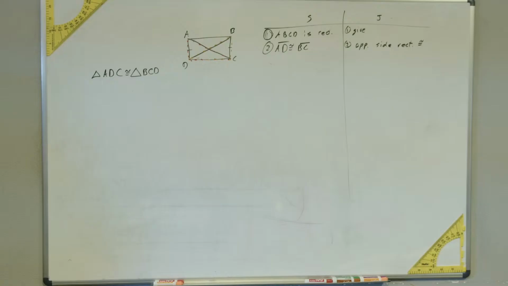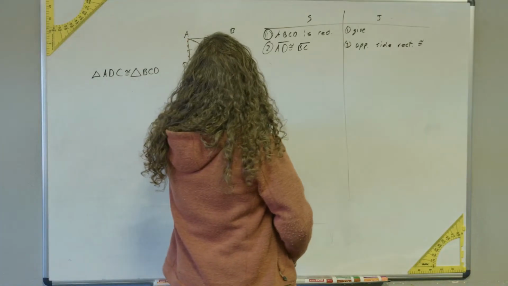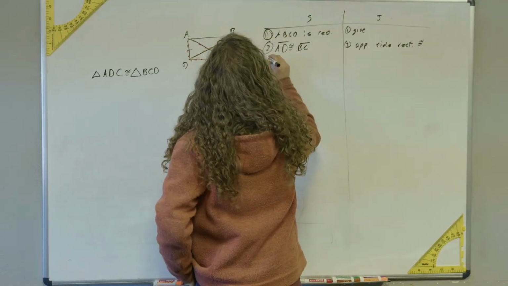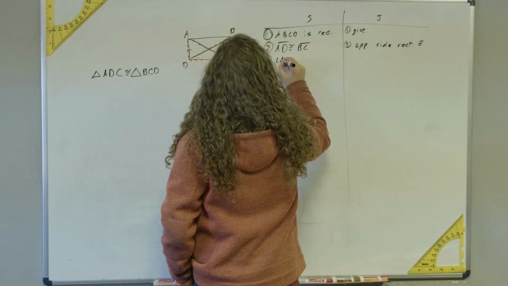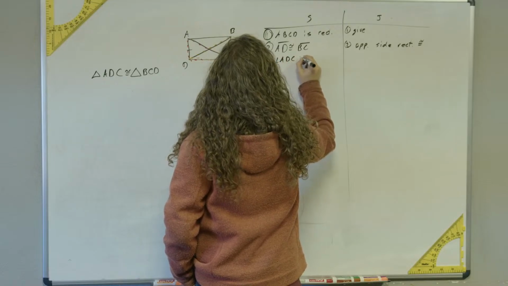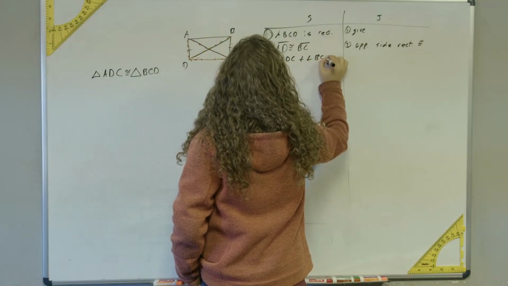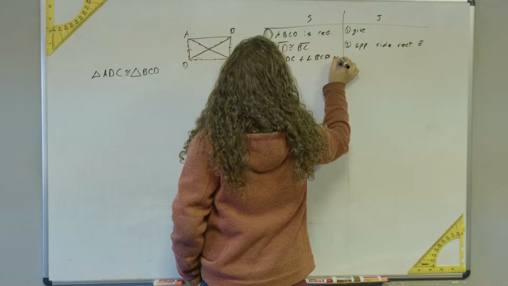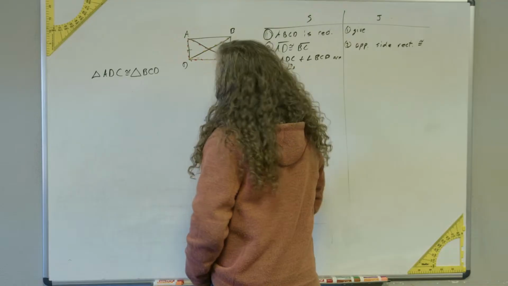Each corner is 90 degrees? True enough. So angle ADC and angle BCD are right angles.